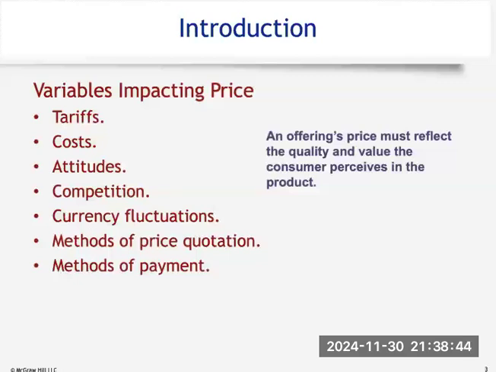We're going to see a lot more tariffs, which is going to add to the price of products and services because it's going to be passed down to the customer. Then the actual cost to produce that product or service, and attitudes toward pricing. It depends on the kind of market you're in, if people are really pinching pennies, or if they can afford more for that product or service.